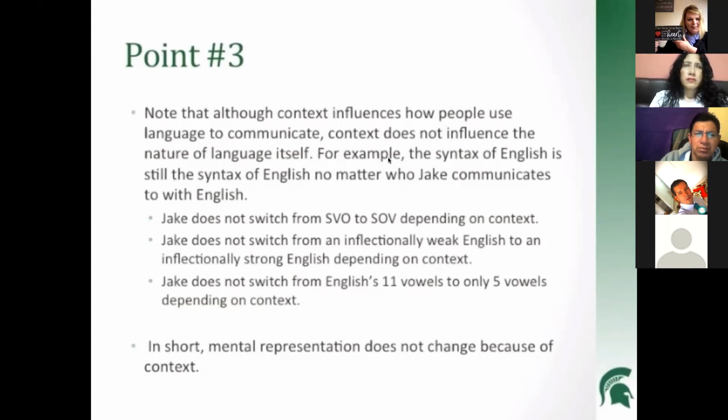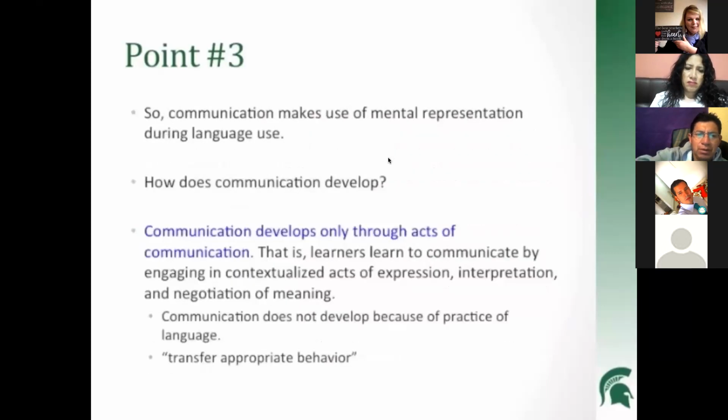Jake does not switch from an intellectually weak English to an intellectually strong English, which would be similar to Spanish or Italian, for example, depending on context. English is always going to be intellectually weak. And Jake does not switch from English's 11 vowels to only 5 vowels, depending on context. The English vowel system is the English vowel system, no matter what context Jake is speaking in, or any of us are speaking in. So the point here is that mental representation does not change because of context.